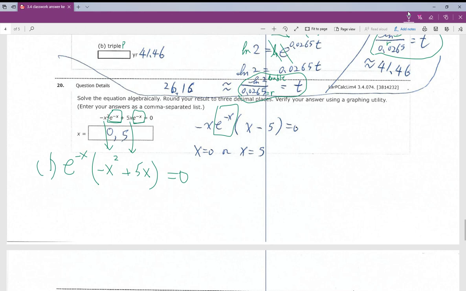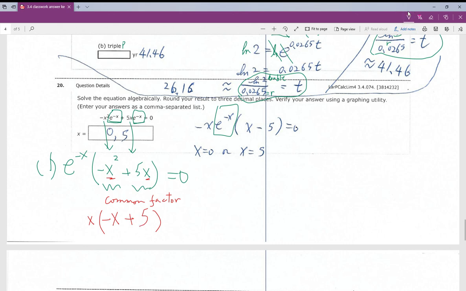Okay. And then I take a look. I find more common factor. So in step 2, I bring out the common factor x. So I have negative x plus 5.